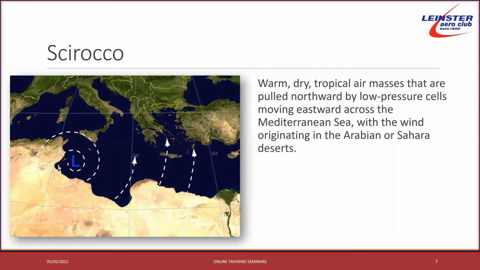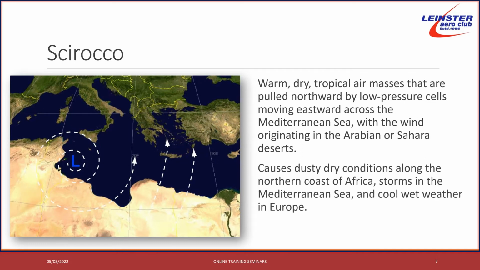It's a well-known local wind. And it's caused, as you can see there, by low pressure in the Mediterranean moving eastwards. You can see the rotating air mass bringing the hot, dry tropical air from the Sahara over the Mediterranean, and it can tend to lead to storms in the Mediterranean and cool, wet weather in Europe.